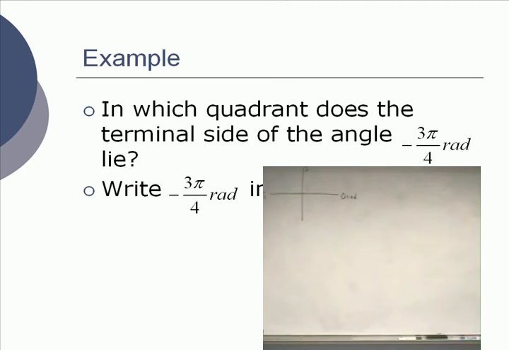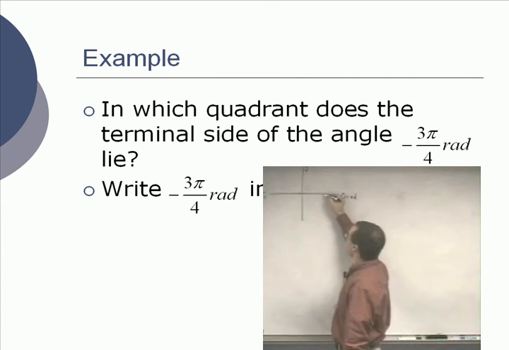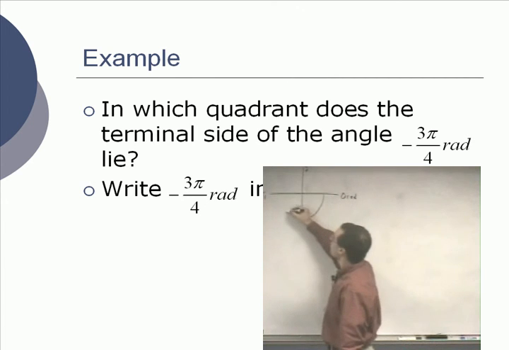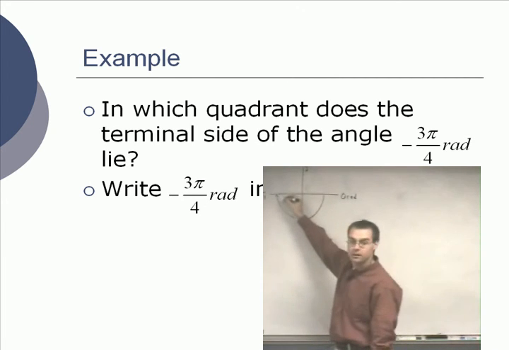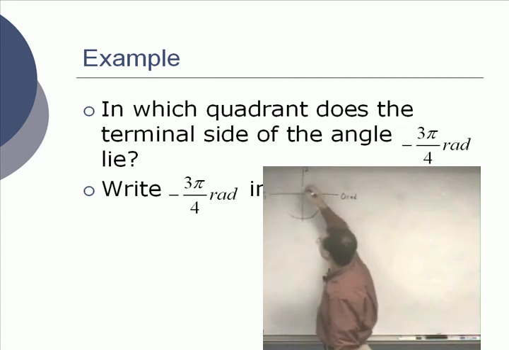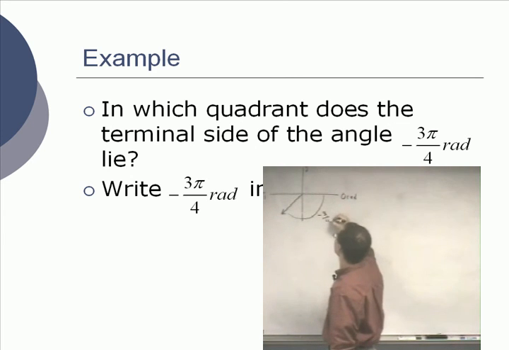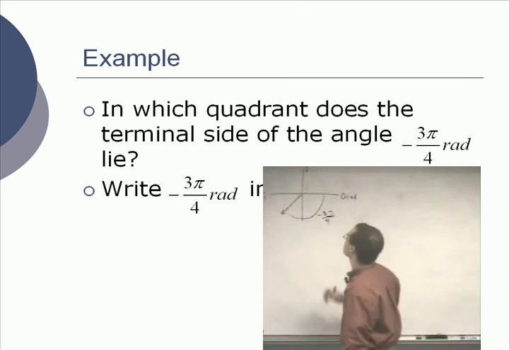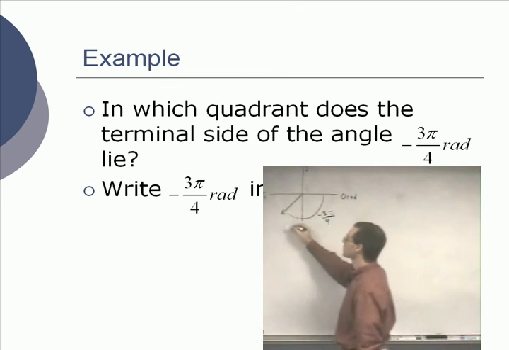Second? Third. Negative 3/4. If we were to go back around this way all the way, we'd hit negative pi. That's pi in the opposite direction. Negative 3/4 pi is going to be a little bit less than that. That puts us right about there. That's negative 3/4 pi, or negative 3 pi over 4. Okay, so we are definitely in the third quadrant.